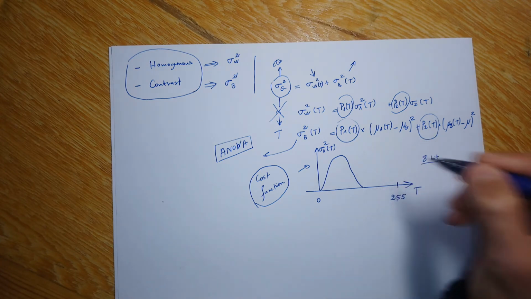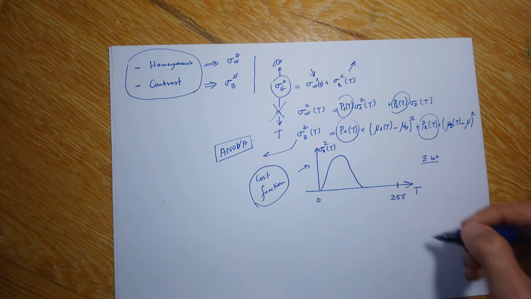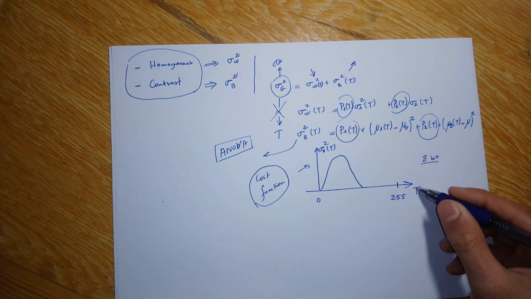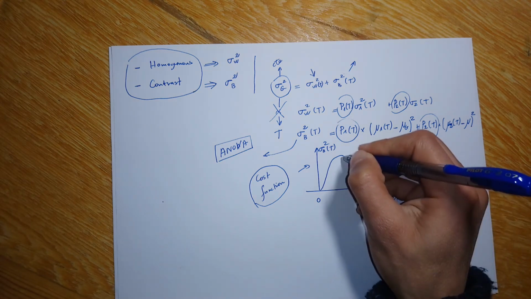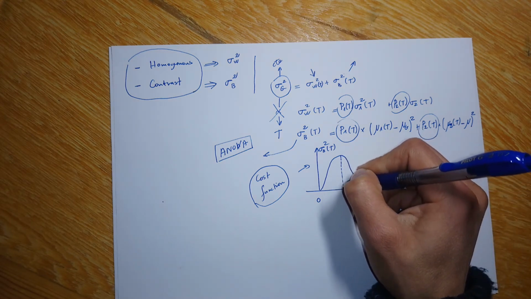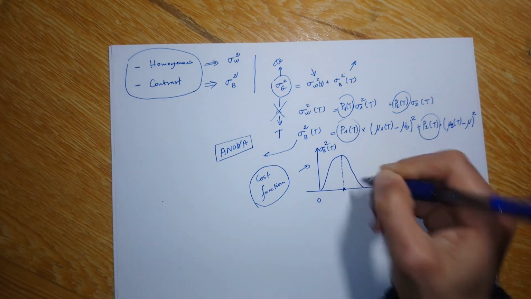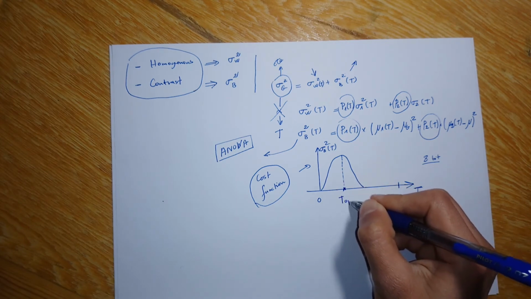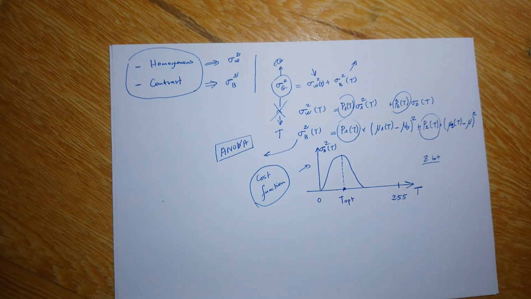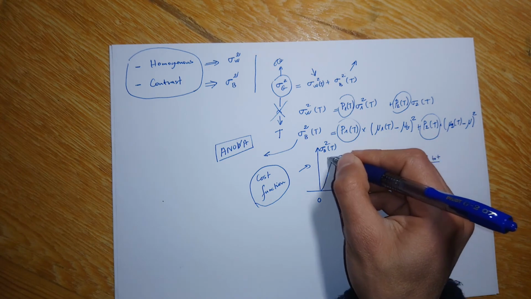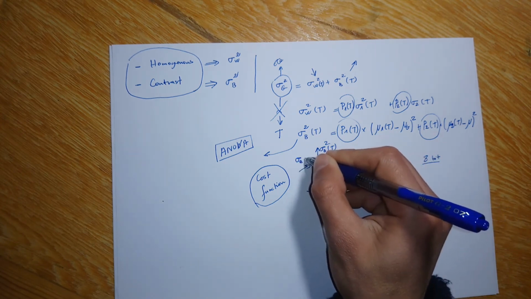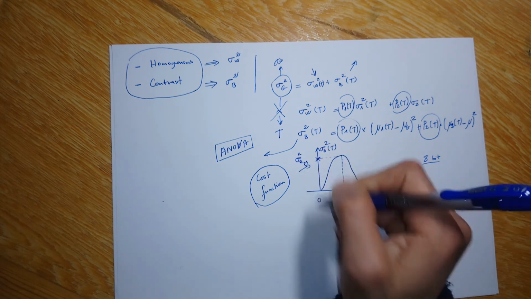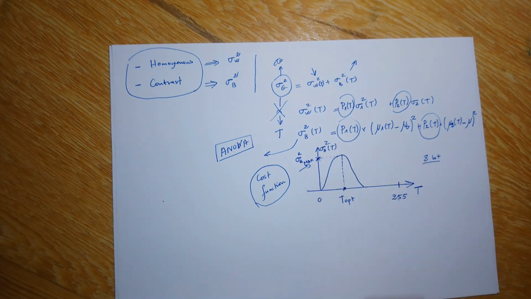So here, when we do that for all possibilities of the threshold, we go to the maximum and we take that as the optimal threshold. This is the optimal threshold, and this is associated with the maximum value of the between class variance.